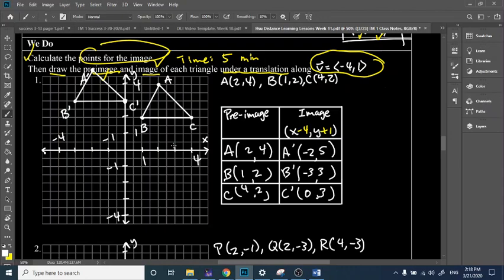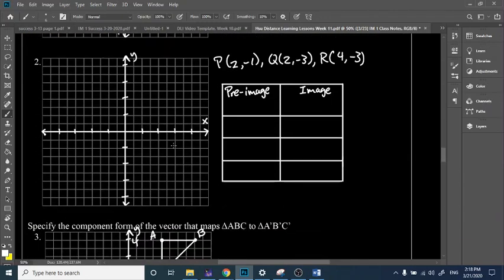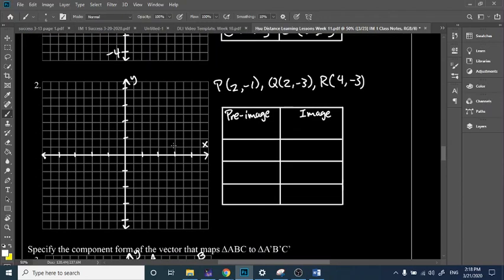I'm moving on. Okay. Same thing. Calculate, draw preimage, draw image. So let's do those, and then also remember to label the axis.